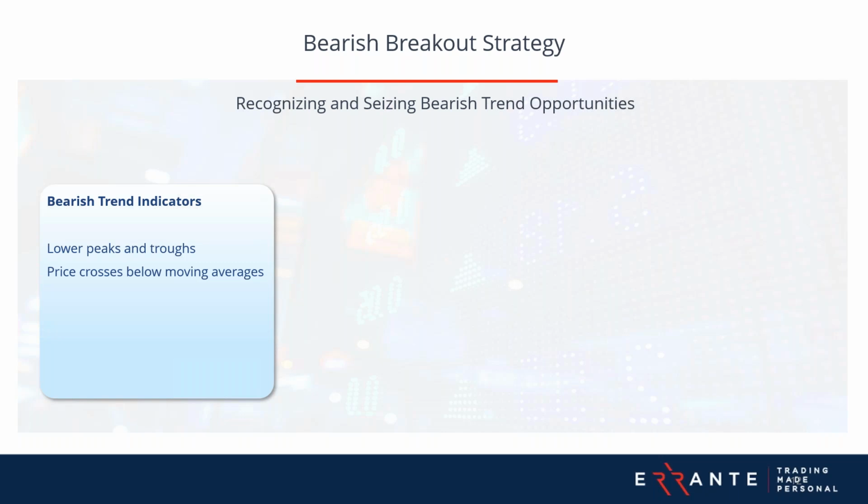We discussed this in great detail in our previous webinars. I don't want to jump into more details about this because I assume all of you know how to identify a downtrend, uptrend and sideways on a chart.